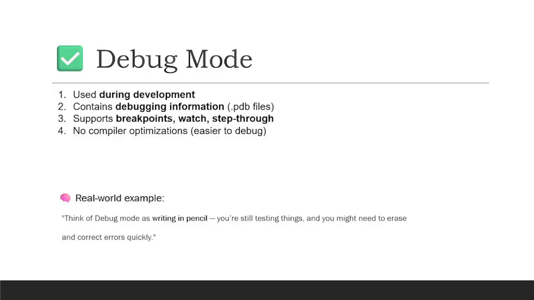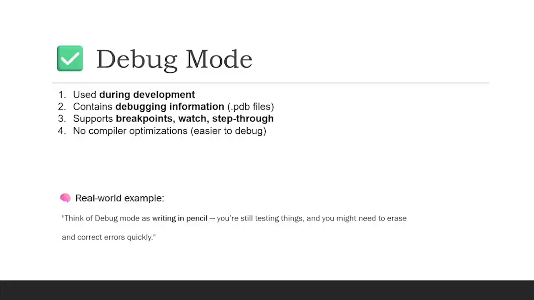It holds debug and project state information, and it supports breakpoints, quick watch, and step by step watch, so you can understand the value of the variable. It also has no compiler optimization, so it is easy to debug.